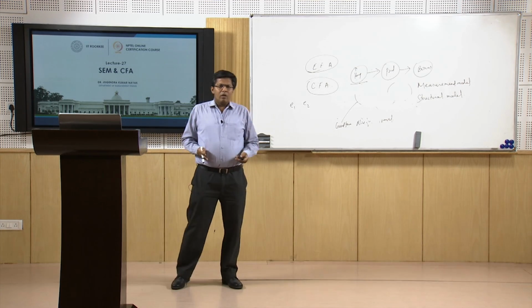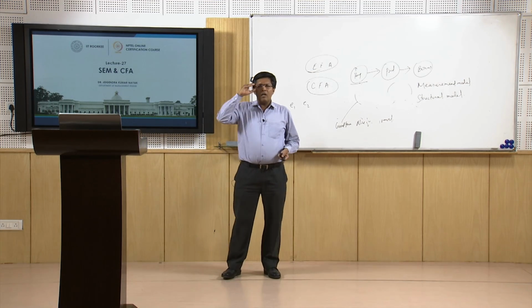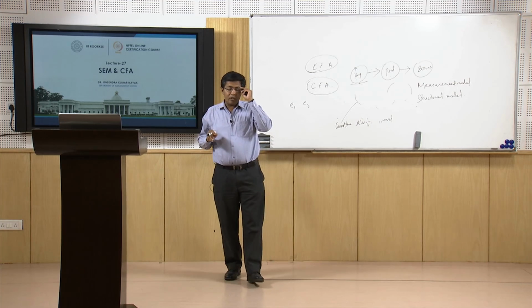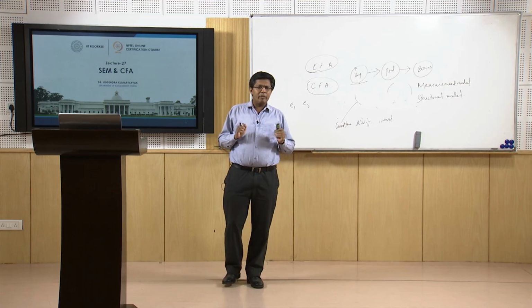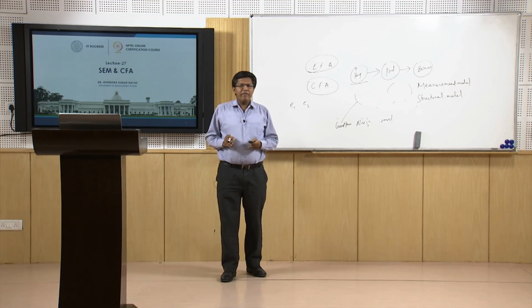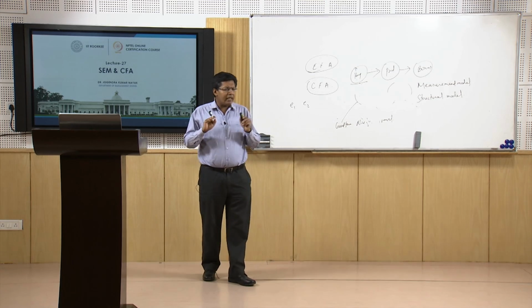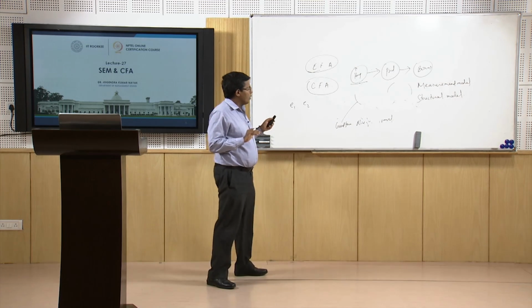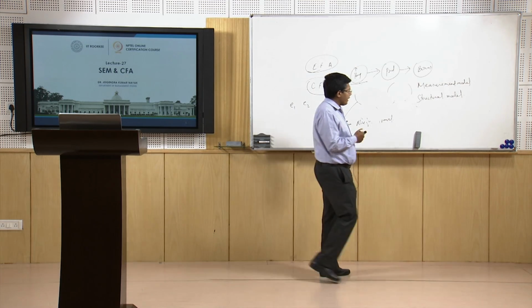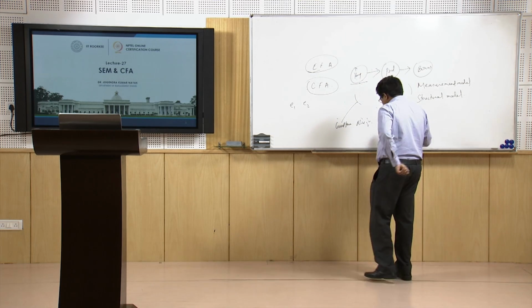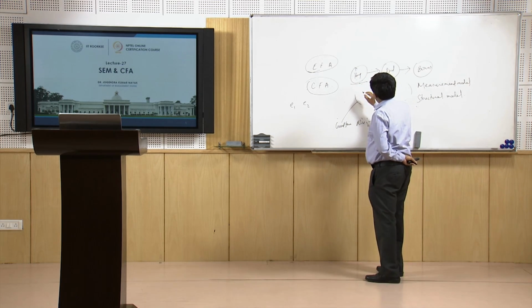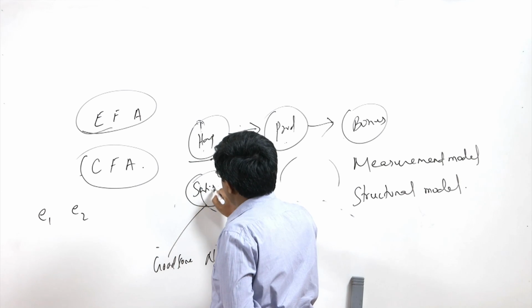So, it represents unobserved concepts and corrects for the measurement error, right. If there is any measurement error, then it corrects for it. It defines a model to explain an entire set of relationships. So, now this entire set of relationships, finally, let us say it is not only happiness, but happiness and let us say satisfaction, okay.